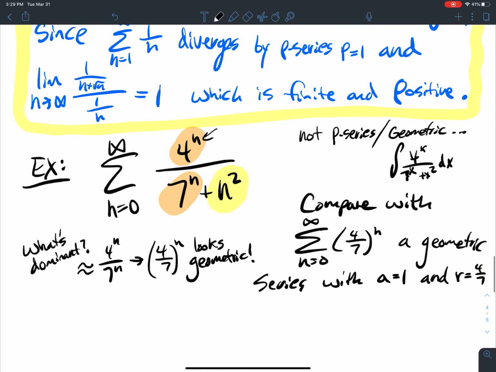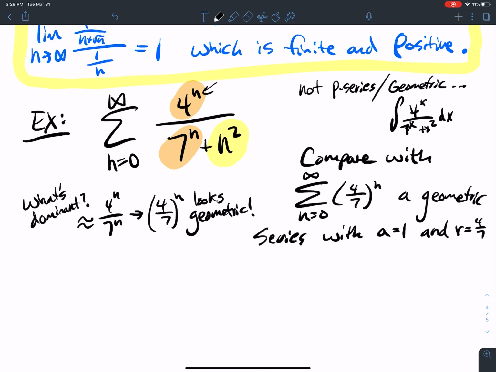Okay, what I multiply each term in the sequence by to get the next term. And since the absolute value of r, which equals 4/7, is less than 1, what does that tell me? The series 4 over 7 to the n, n equal 0 to infinity, converges.